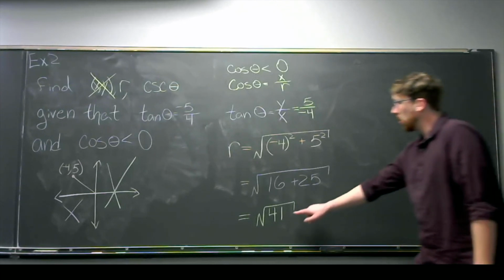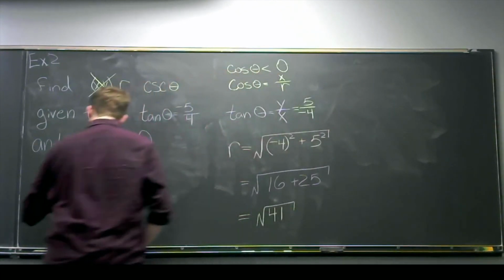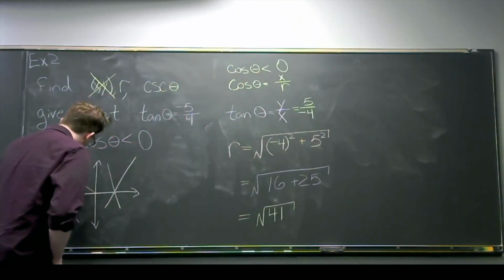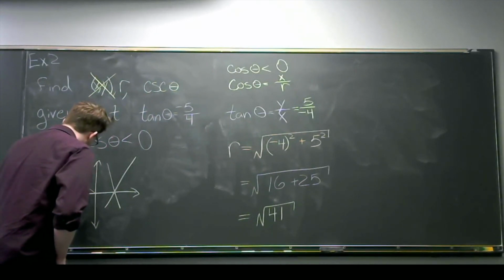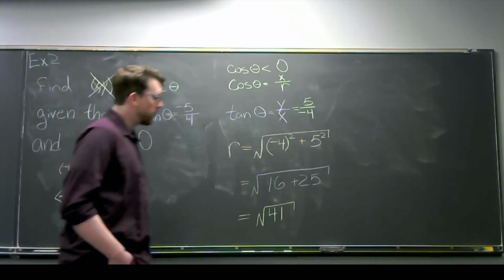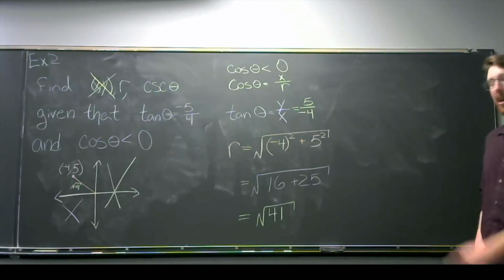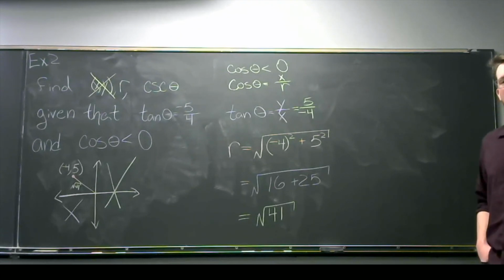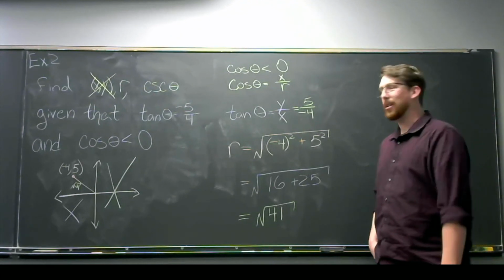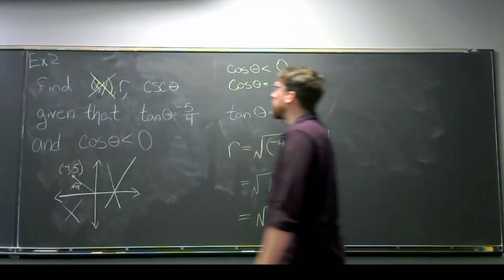So now we know that the length of this is the square root of 41. I'm sure that's probably hard to see on the video. I was just writing it there just to keep track of what we've got thus far.